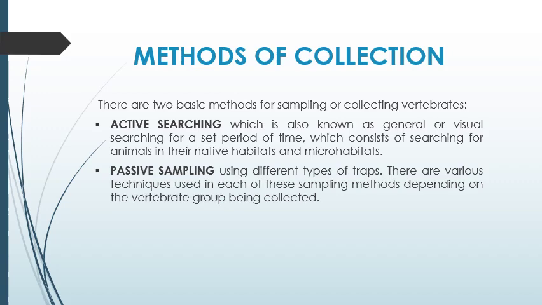So in active searching, the collector will remain in the area and search for the specimens or organisms. Passive sampling uses different types of traps. There are various techniques used in each of these sampling methods depending on the vertebrate group being collected. Simply, in passive sampling, different types of traps and devices are used for the collection of specimens.